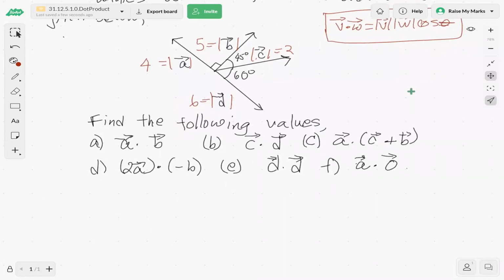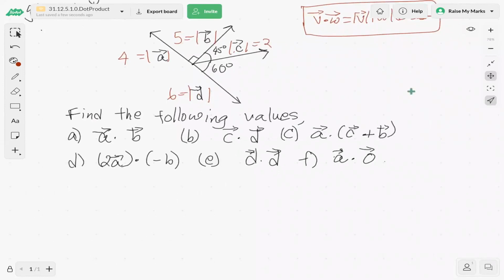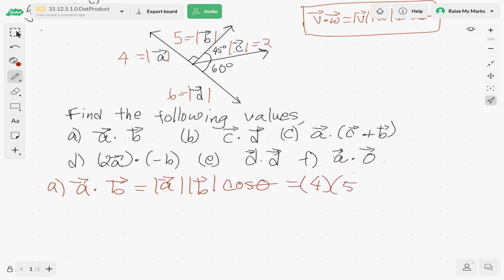We want A dot B, the dot product of A and B. A dot B equals the magnitude of A times the magnitude of B times the cosine of the angle between A and B. The magnitude of A is 4, the magnitude of B is 5, and the angle between A and B is, interesting, 90 degrees. So 4 times 5 is 20. Cosine of 90 degrees is 0. So that's just 0.